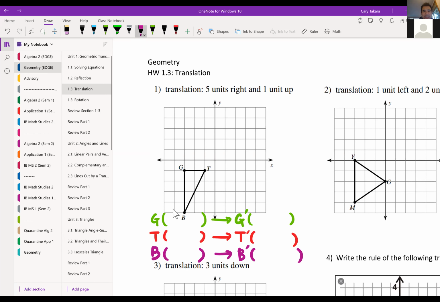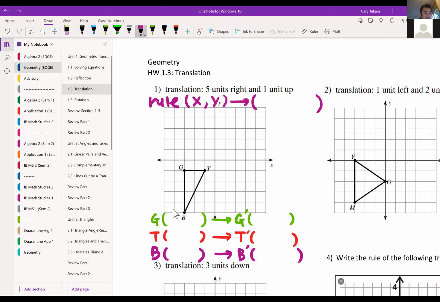Now, let's write down the rule. X and Y becomes what? What's the rule? 5 units right, 1 unit up.